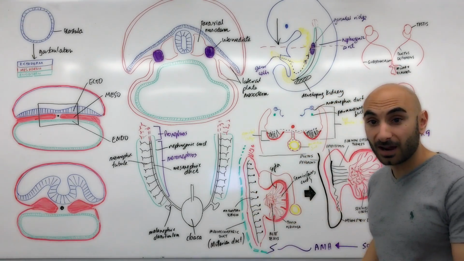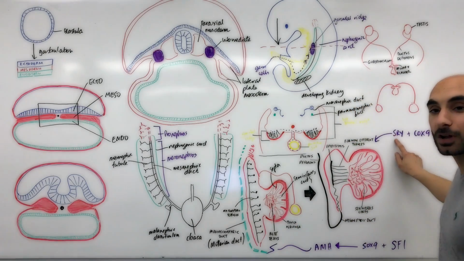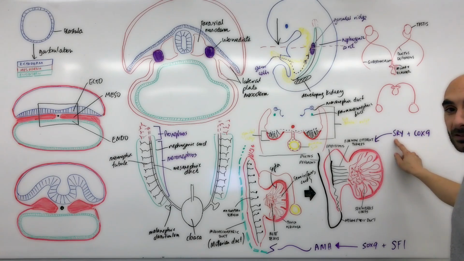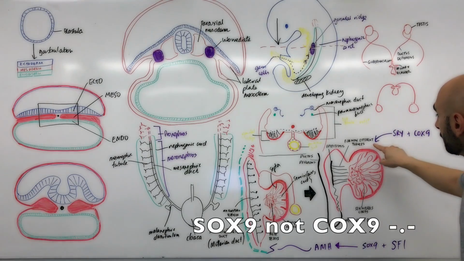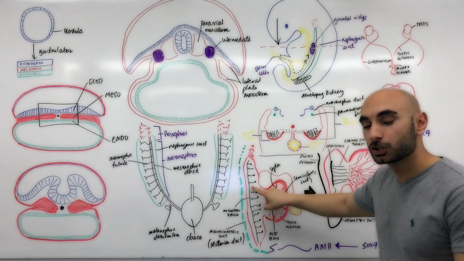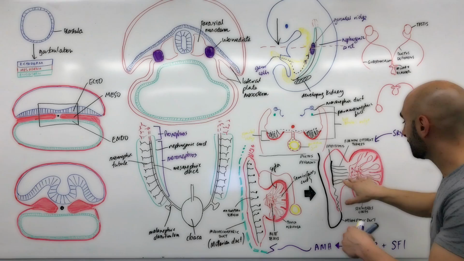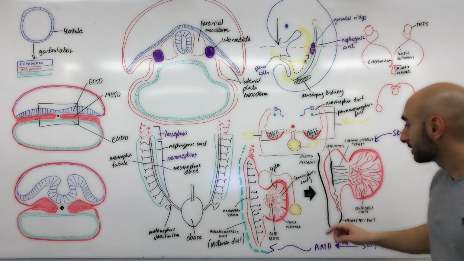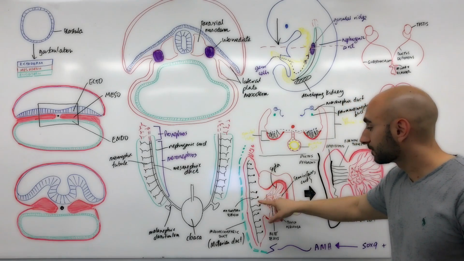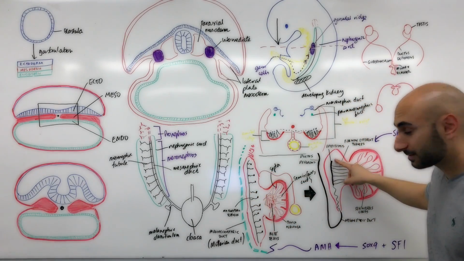Also, under the influence of sex determining region Y and SOX9, you'll have the mesonephric tubules forming an efferent tubule and integrating itself with the rete testis, as well as the mesonephric ducts, forming the epididymis.